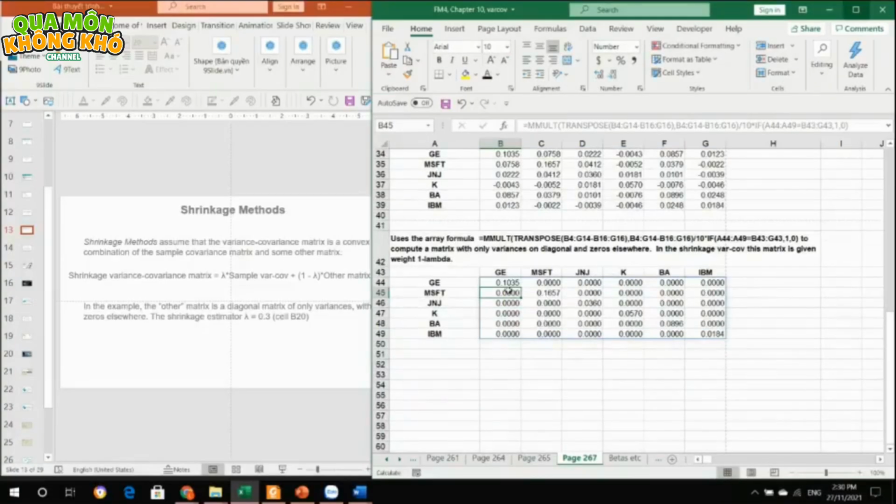And we have the matrix features of only variance and 0 everywhere. We just have the value in the diagonal.